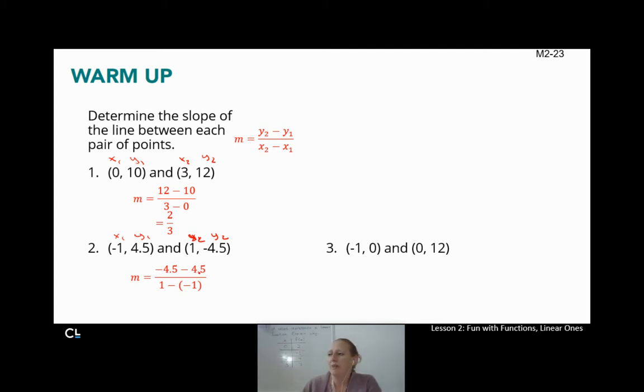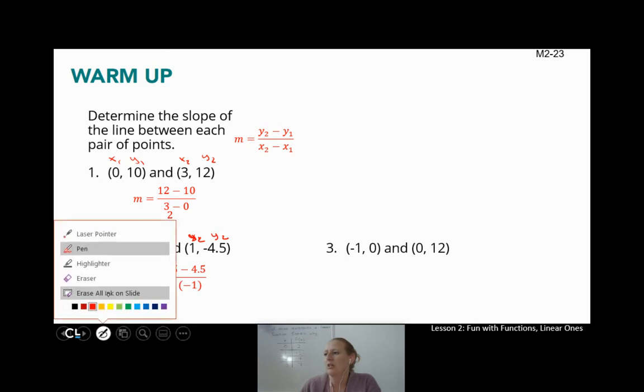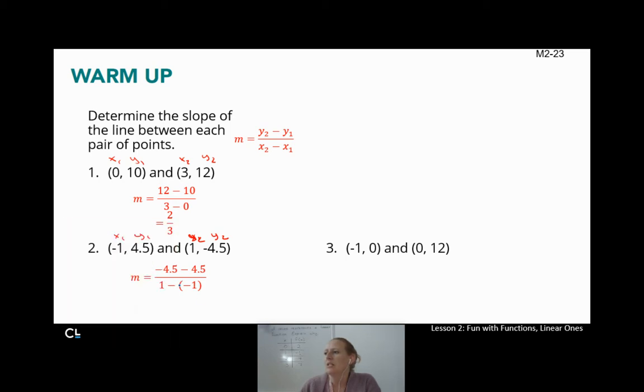Negative 4.5 minus 4.5, that means they go together, right? Yeah, that's a negative 9. And on the bottom, 1 minus a negative 1, well, you know that double negatives become a positive, so 1 plus 1 is 2. So I have negative 9 over 2 as my new slope.